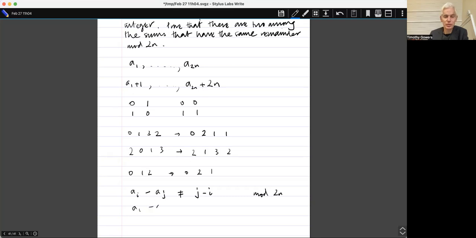It would then say AI minus AJ should never equal I minus J. So why is it that if I permute, I must be able to find two things where the difference after the permutation is the same as what it was beforehand, if it's even? That's a rather interesting question. On the face of it, I don't see any reason at all.